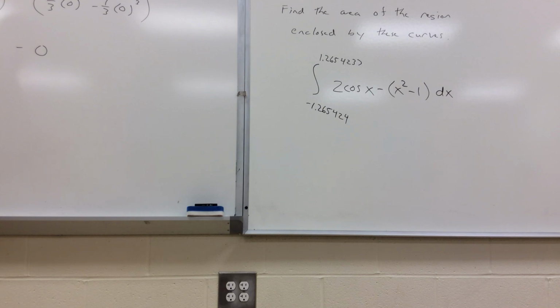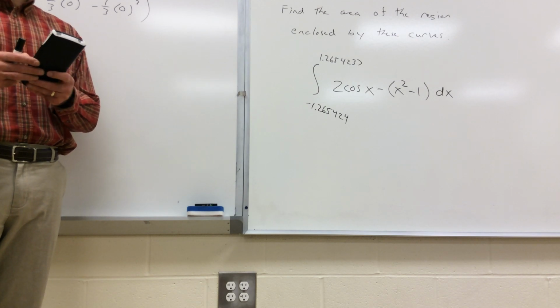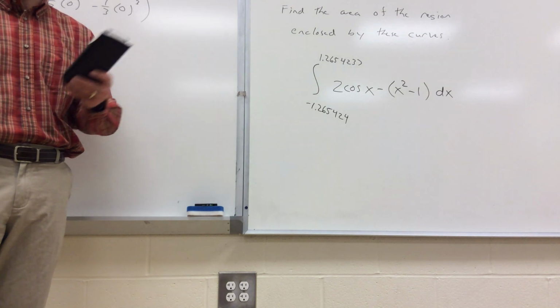Watch your parentheses. I'm going to put in x squared plus 1, and then I don't have to worry about an extra set of parentheses in there. But if you put in x squared minus 1, you better put parentheses around it, right?